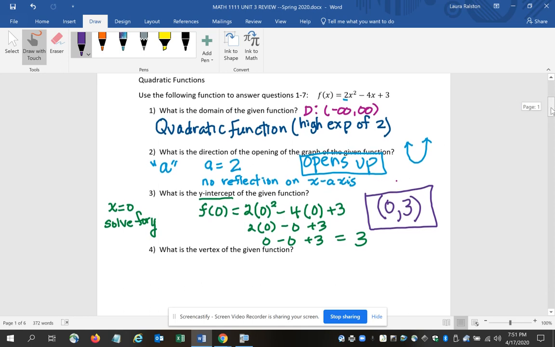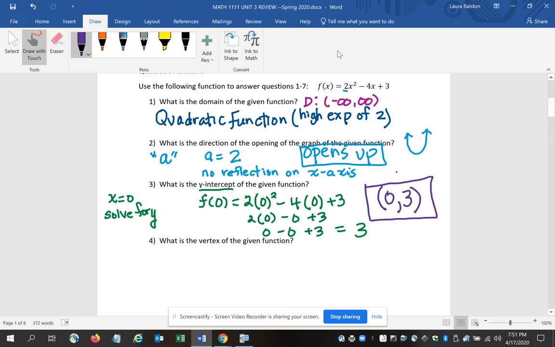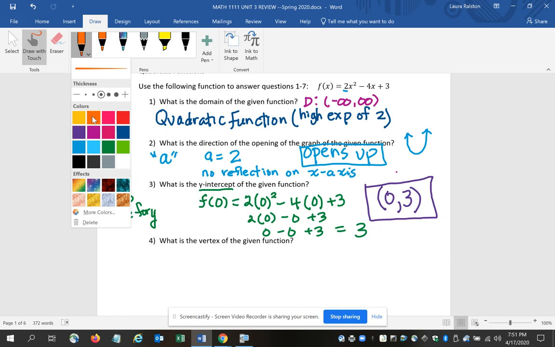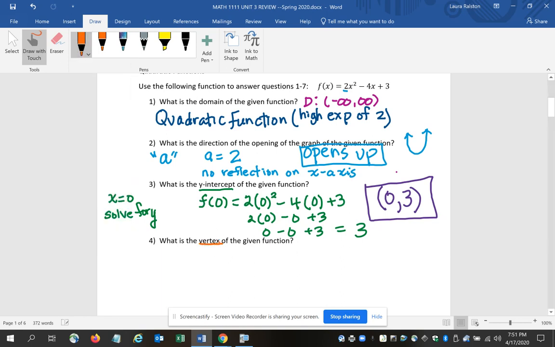Fourth question asks you to find the vertex of the parabola. Okay, so now we're looking for the vertex. The easiest way to find the vertex of the quadratic function is to use the vertex formula. Typically, the vertex is in the form (h, k).